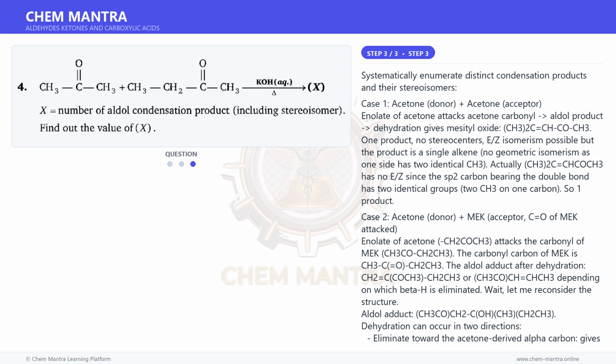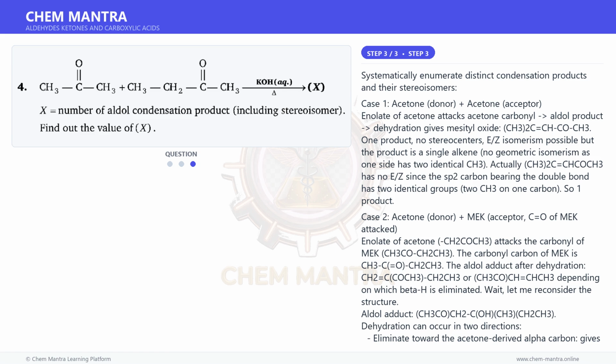This has E/Z isomerism, two stereoisomers. B: eliminate from the CH2CH3 of the acceptor, CH3COCH(CH3)C(CH3)=CHCH3, which has E/Z and the CH(CH3) is a stereocenter, 2 times 2 equals 4 stereoisomers.